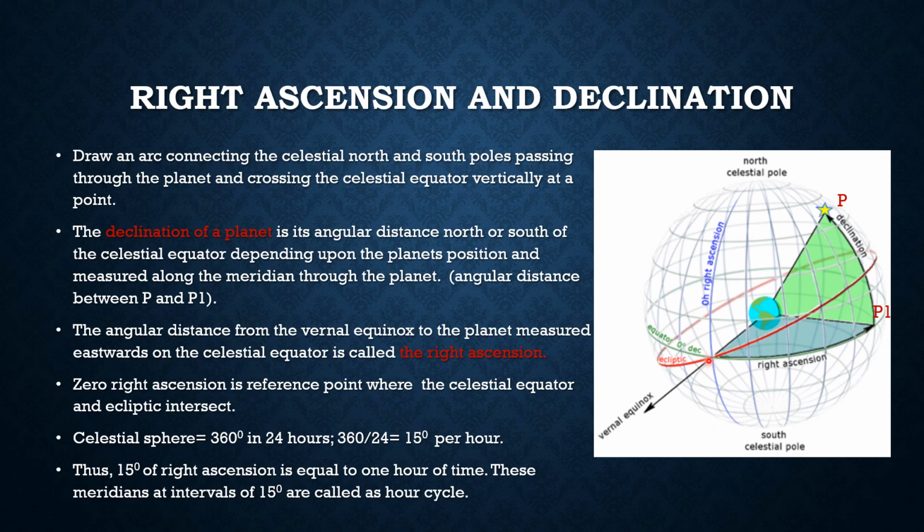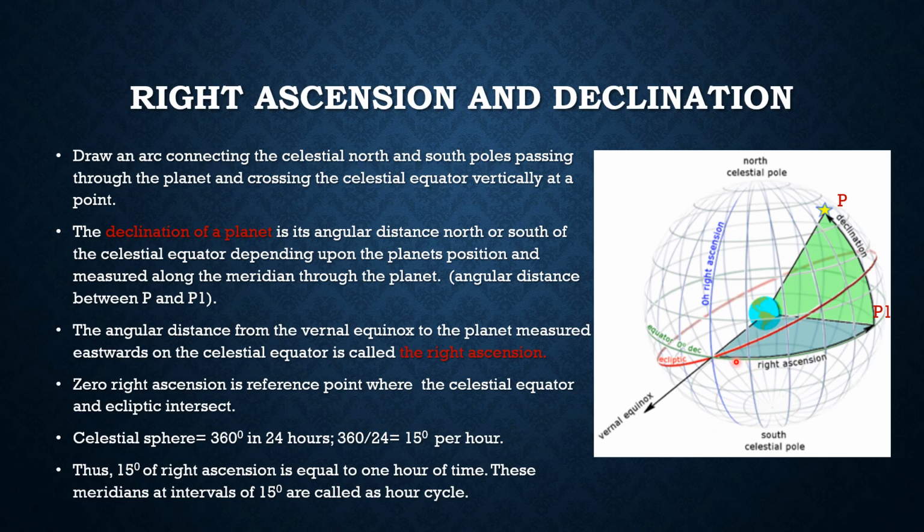Okay, so at the vernal equinox, the right ascension will be considered as 0. And you know the celestial sphere is 360 degrees. So in 24 hours, that means 15 degrees per hour. What does it mean? It means that if you start from 0 and move towards the right, this is the first meridian.